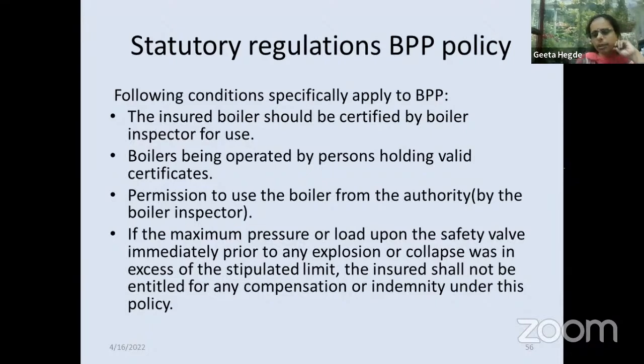This is an important condition: if the load observed at the time of loss was more, then the claim can be rejected. Otherwise, there should be a valid certificate, and the authority's permission to use the boiler is important.